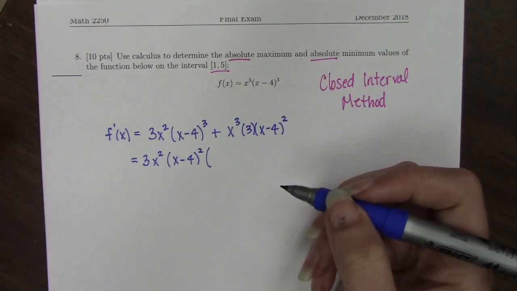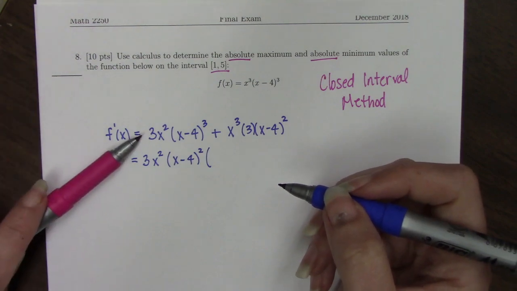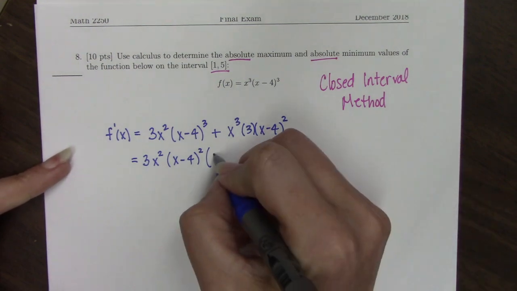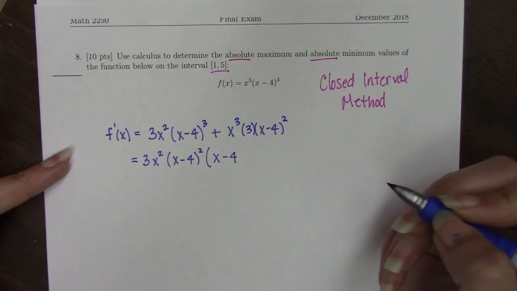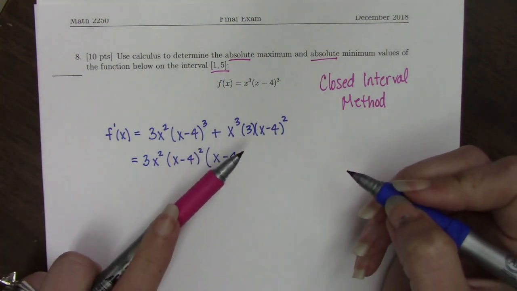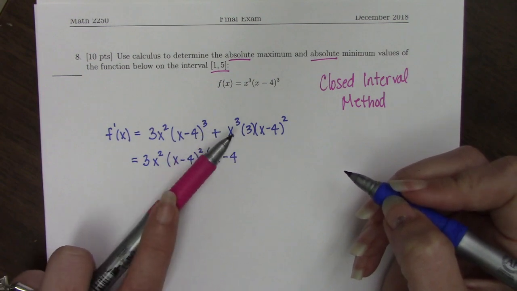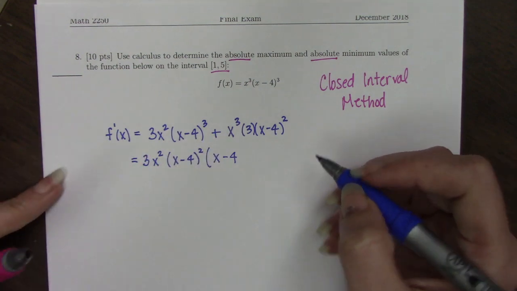And what I'm left with, here I took the 3 and the x squared and one of these x minus 4s, so I'm still left with an x minus 4. In the second term, I took the 3 and all of the x minus 4s, but I'm still left with 1x because I only took 2 of them.